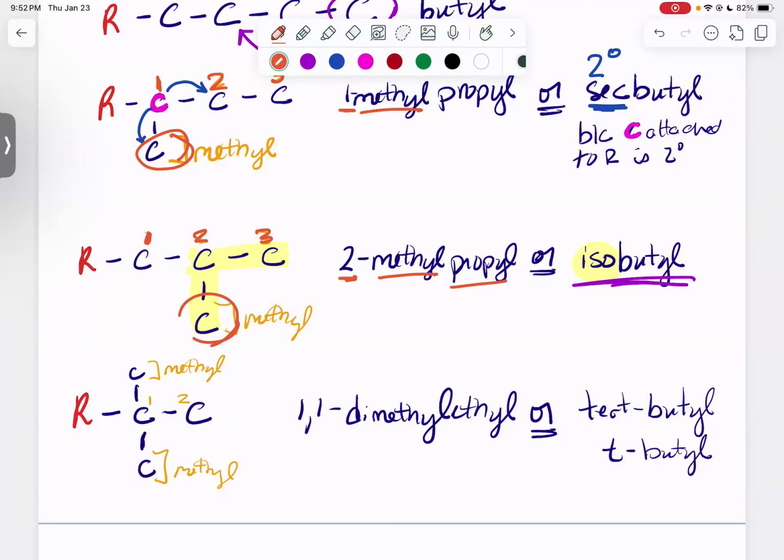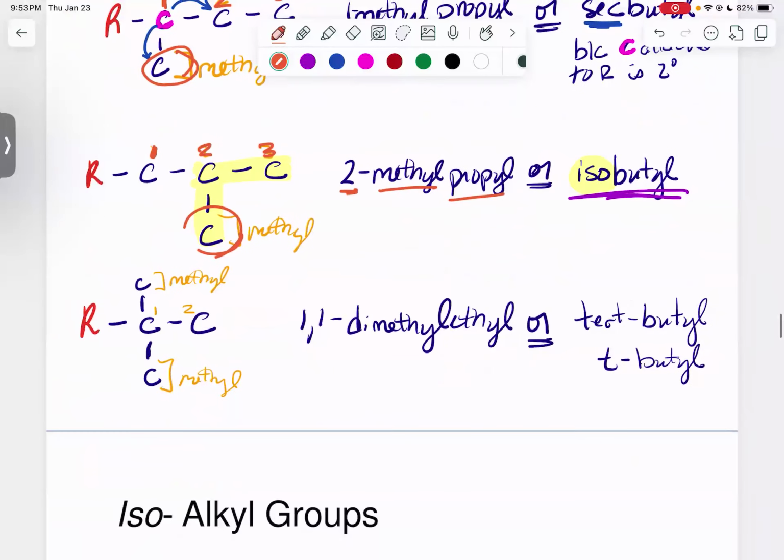So that's propyl. Now, if we look at the last one, my pink carbon right here, the carbon that's attached to the parent chain, has, if we count them, 1, 2, 3 other carbons coming off of it.